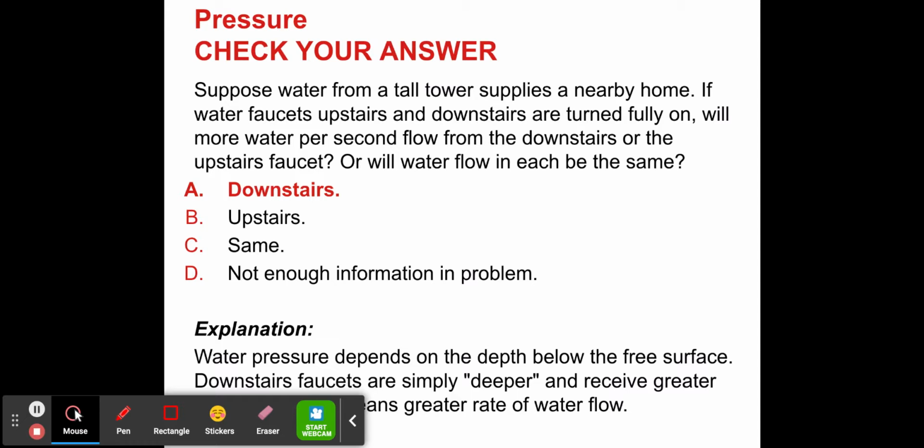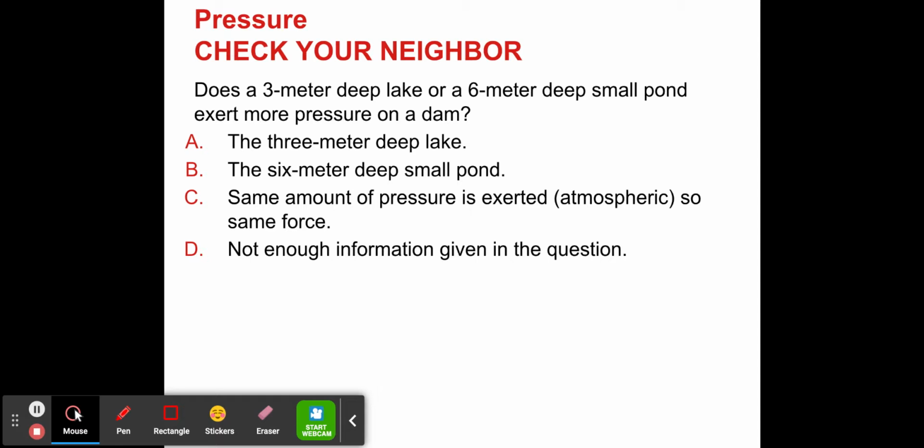So downstairs is at a higher depth than upstairs. So downstairs water pressure depends on the depth below the free surface. Downstairs faucets are simply deeper and receive a greater pressure, and therefore will have a greater rate of water flow.